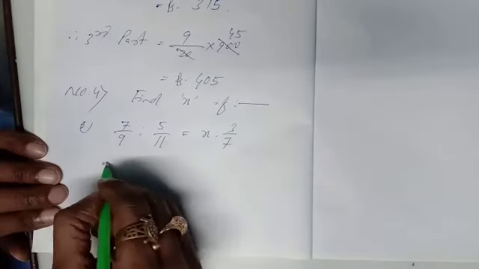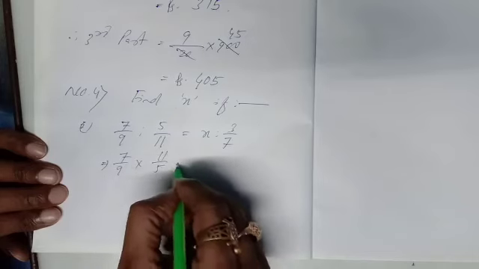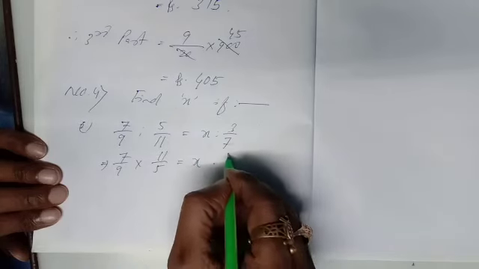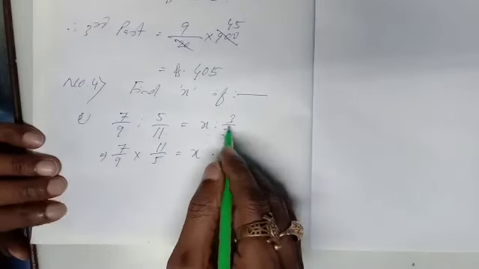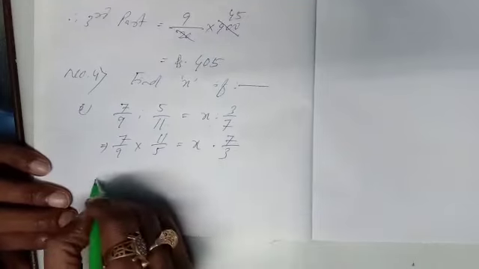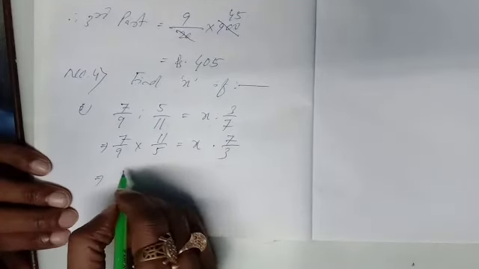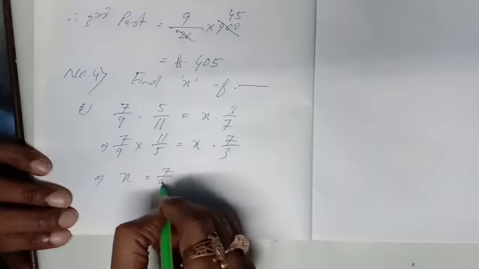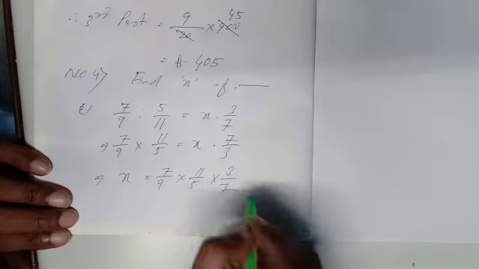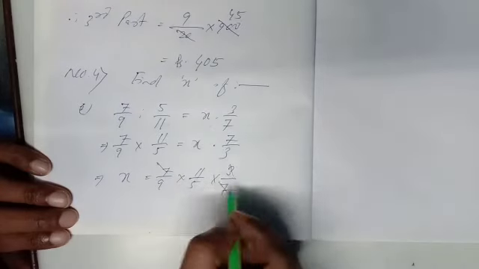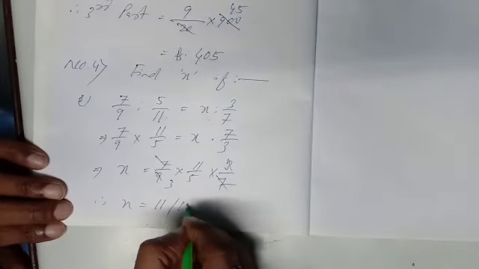Ratio means this will be 7 by 9 into 11 by 5 equal to x into 7 by 3, because in case of multiplying, take the reciprocal of the second ratio. Finally, x will be 7 by 9 into 11 by 5 into 3 by 7. 7 cancel, 3 3s are 9, therefore x equals 11 by 15.